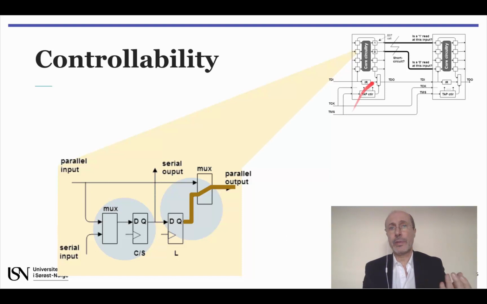In the case of the short circuit shown here on the top, we might shift in a 1 to the boundary scan cell driving the upper interconnect, and a 0 to the following cell, such that the two interconnects are driven to opposite logic values. These logic values will be stored in the output stages of the cells, but they will not be visible at the output pins while the test cells are in transparent mode.